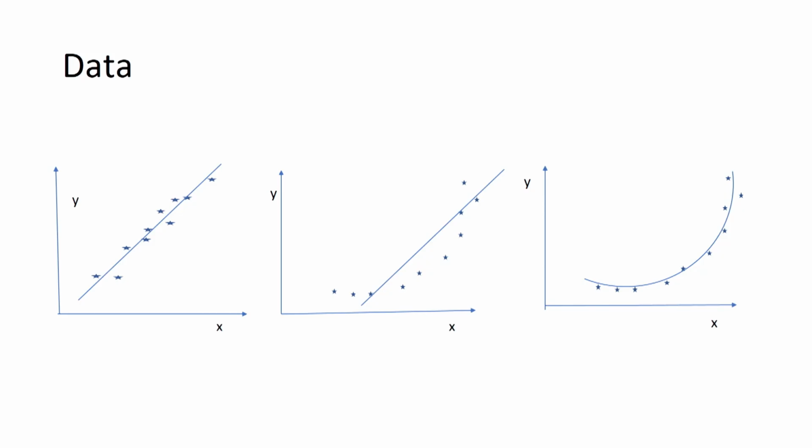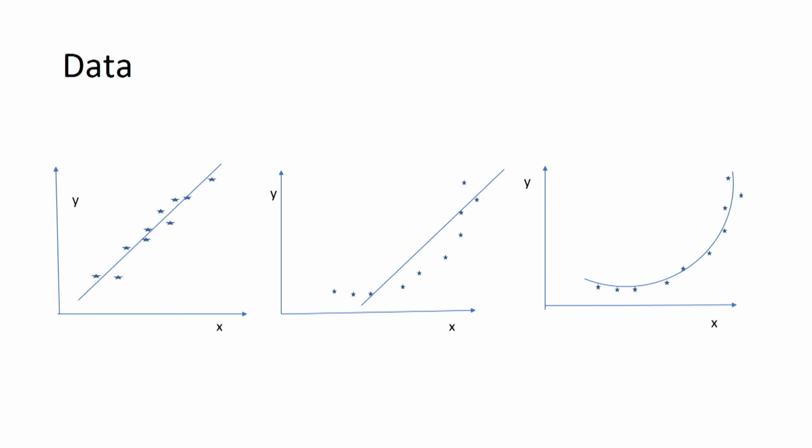In case of simple linear regression or multiple linear regression, the assumption is there is a linear relationship between the dependent variable and independent variables. In simple linear regression, there was only one independent variable. In multiple linear regression, there are more than one independent variables.